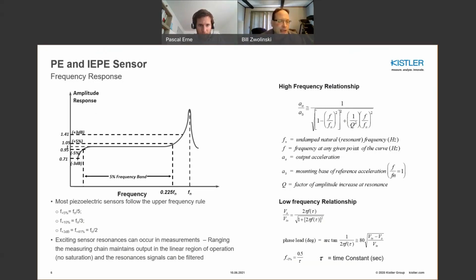And you could apply the same type of strategy to a 10% or even a 3 dB by virtue of Fn over 3 or Fn over 2. So by using those rules, you can now set the amplitude response tolerance band accordingly so that you can measure the frequency range of interest.